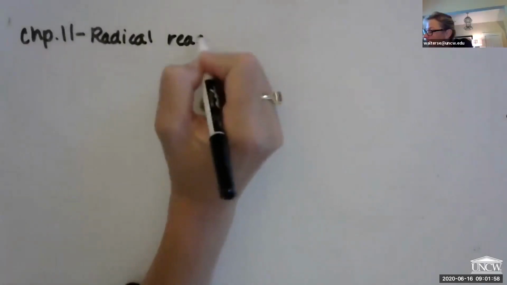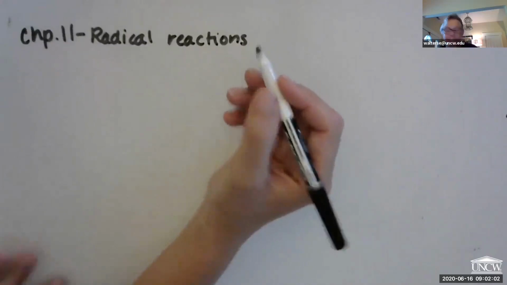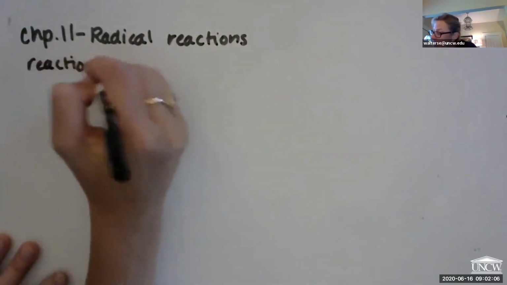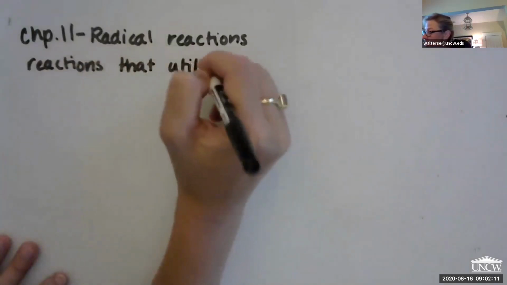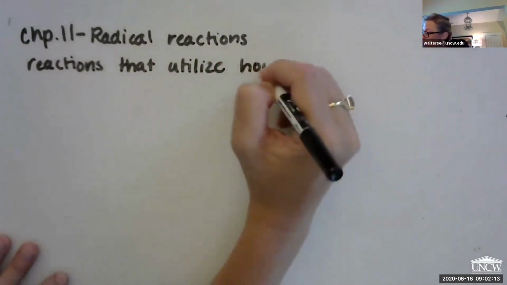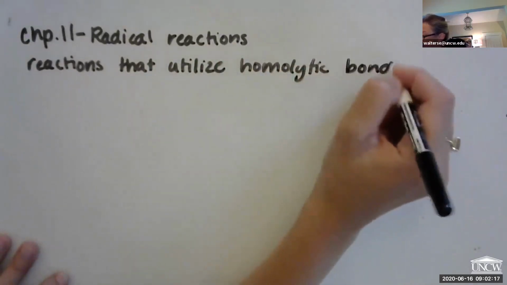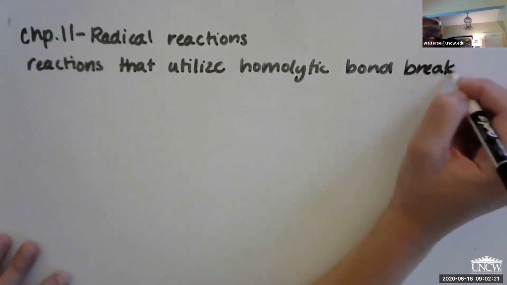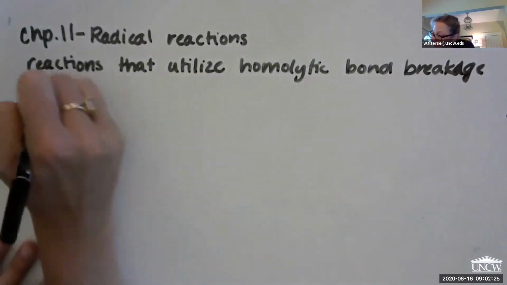And in radical reactions, what we are going to be focusing on are reactions that utilize homolytic bond breakage or cleavage. These are the same words. So homolytic bond breakage and bond formation.